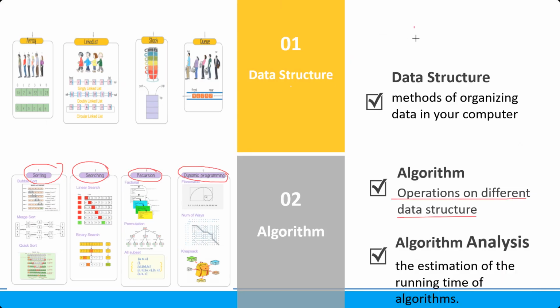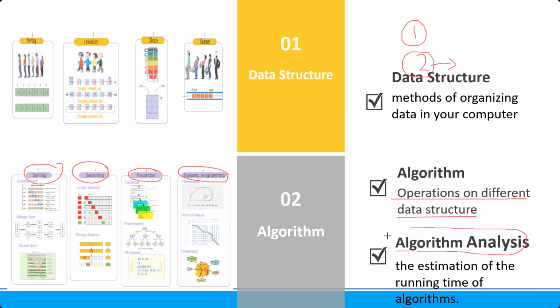If we use the data structure number one, then the algorithm will be related to the data structure number one. If you use data structure number two, then the algorithm will be related to the data structure number two. So the algorithm will be different based on the data structure.